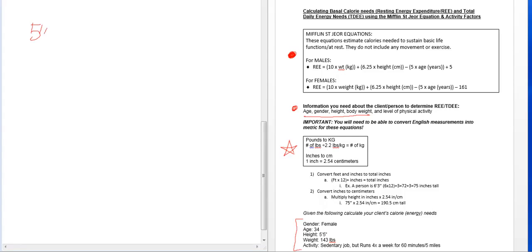So she is 5'5", and as the example shows, step one, we are going to convert feet into total inches. So 5 feet times 12 inches per foot plus all the extra inches below a foot is 60 plus 5.